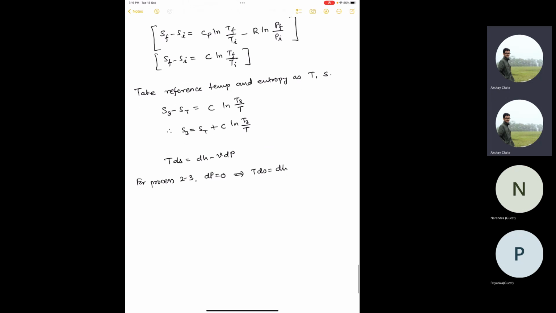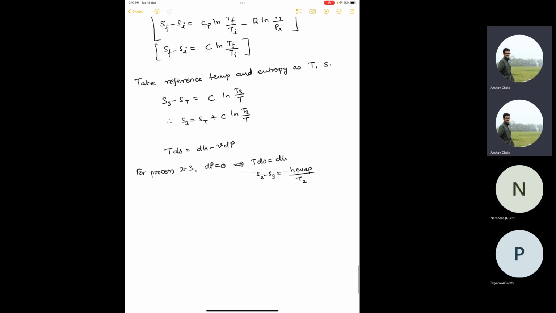And again, then you integrate. Temperature is constant, so this is essentially you get S2 minus S3 equal to H evaporation by T, T2 or T3, same. So now you have 1054, which was given, and the temperature is 310 Kelvin, right? So now you are getting somewhere. Now you have some relationship, let's say equation 1 for S3. Now you have another equation which relates 2 and 3.